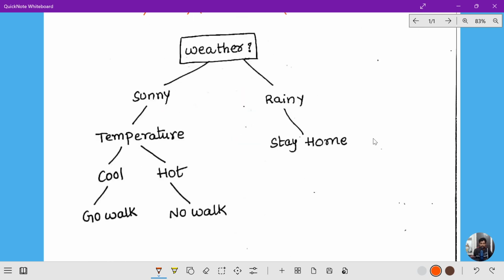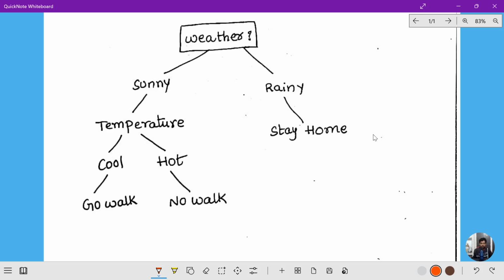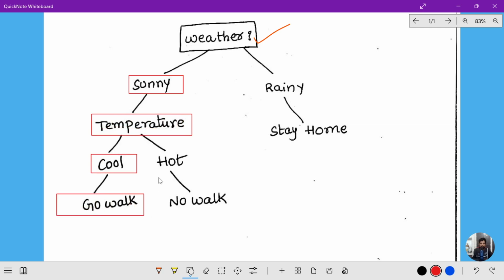So let us see one example regarding this decision tree. You observe on the screen. Here the top node is called the root. Here the root is nothing but weather. I am going to draw the decision tree for whether a person is going for a walk or not. Okay, when the weather is sunny and the temperature is cool, he is going to walk.